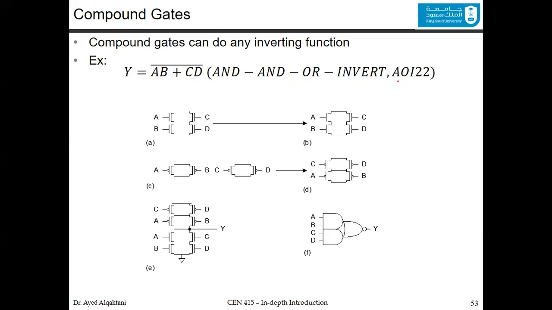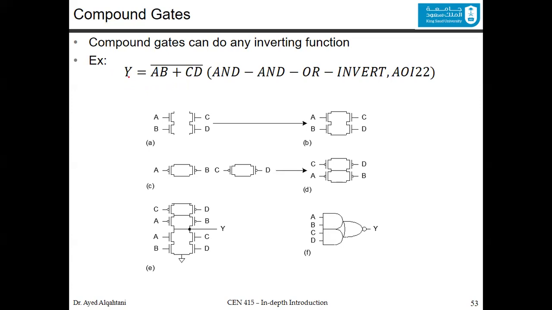This is also named AOI22: A for AND, O for OR, I for inverter, and 2 and 2 because you have two ANDs of two inputs. That's the naming, but we won't face this a lot in our course. We always try to mention the function itself to understand better.